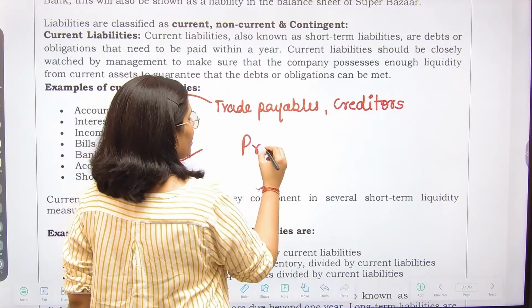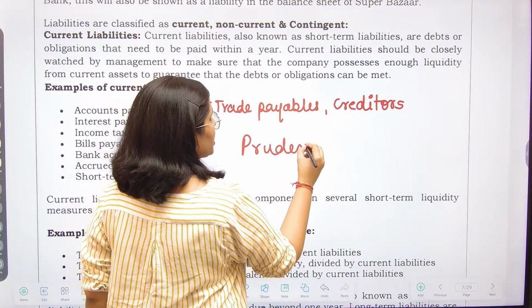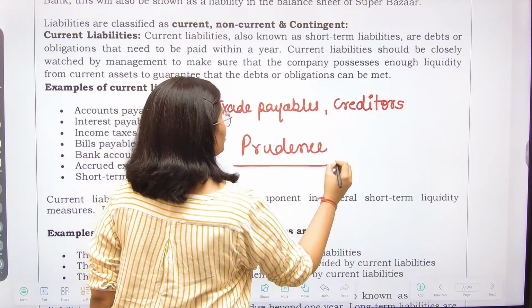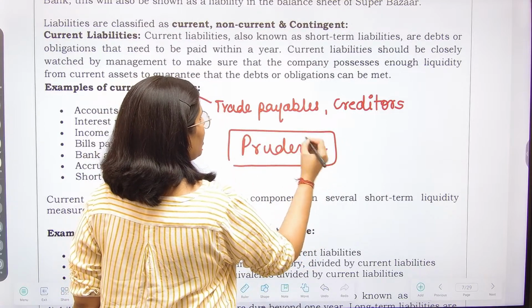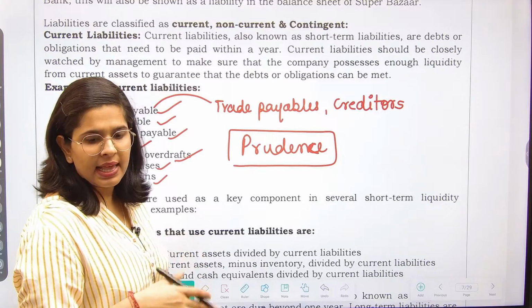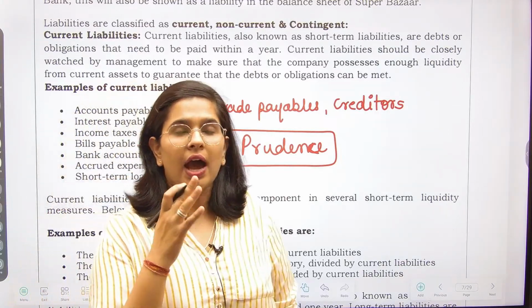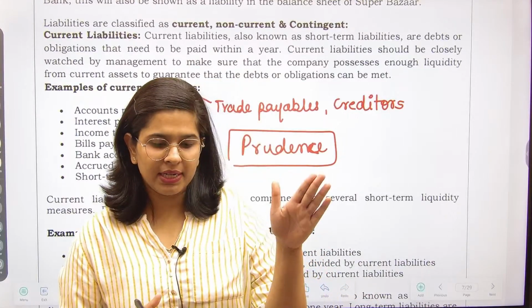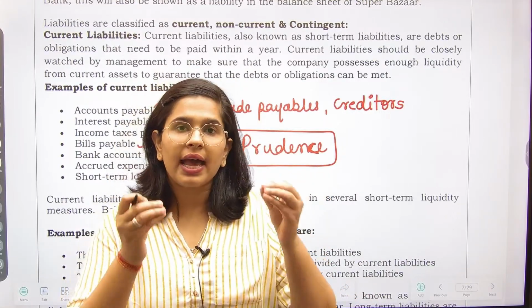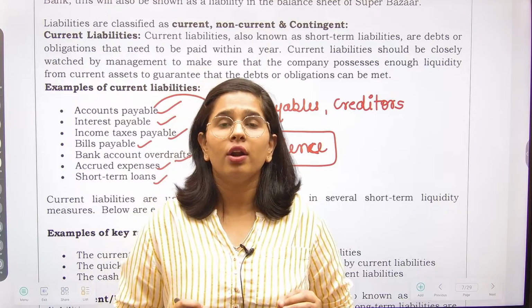There are many basic principles of accounting on the basis of which accounting is run. Fine. So one such principle is called the principle of prudence. ठीक है? Although we will be talking about such principles as well, not much in detail, but yes, a little bit of understanding. Prudence principle says that if in an upcoming future you can see that there is some liability, you should recognize that liability in your books.